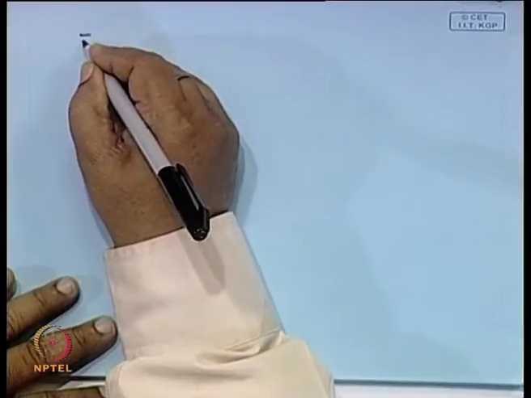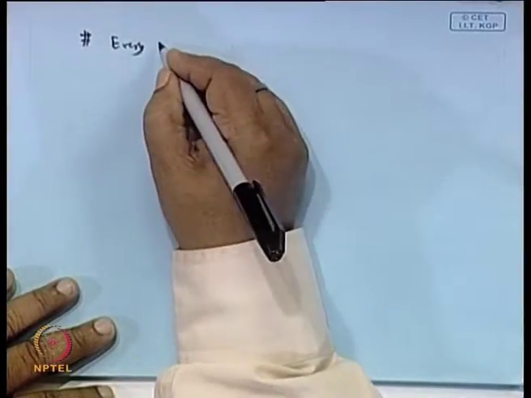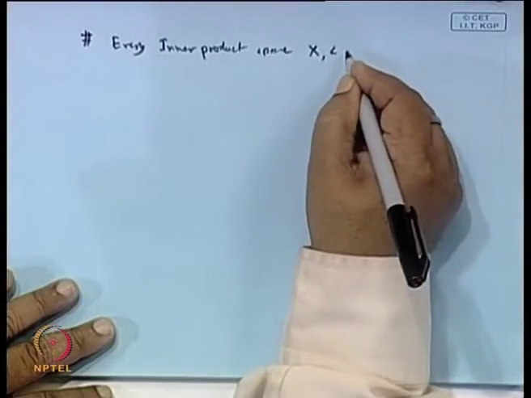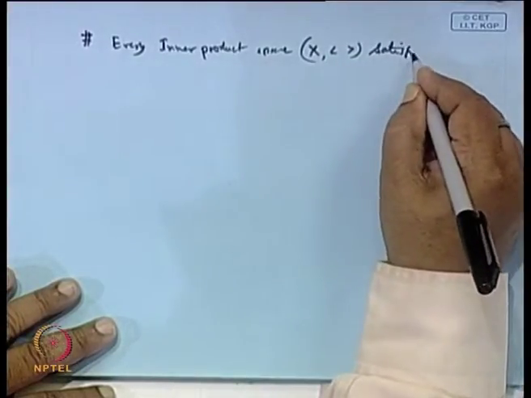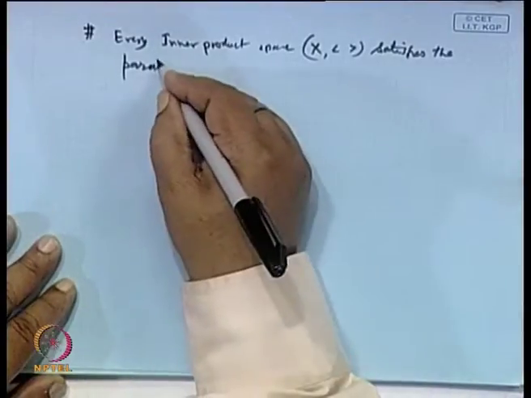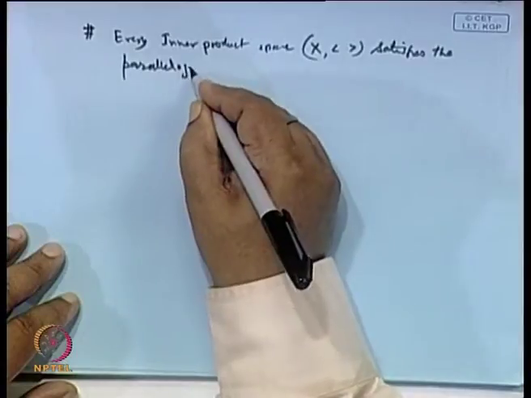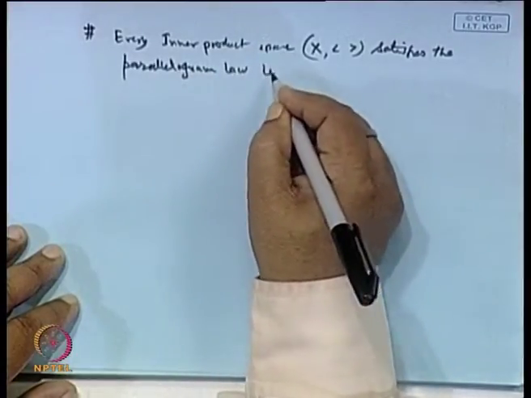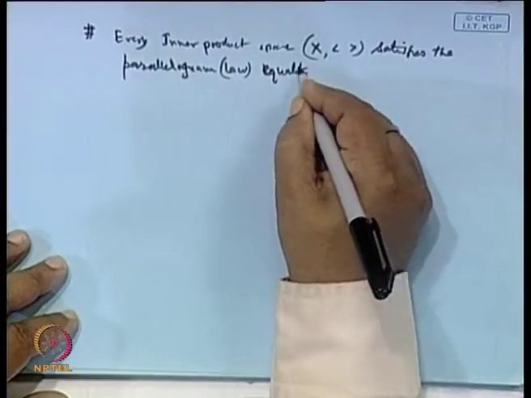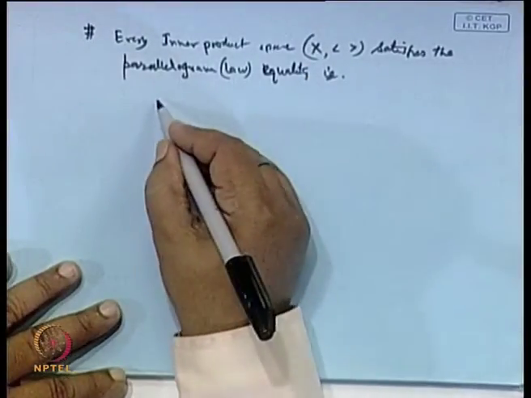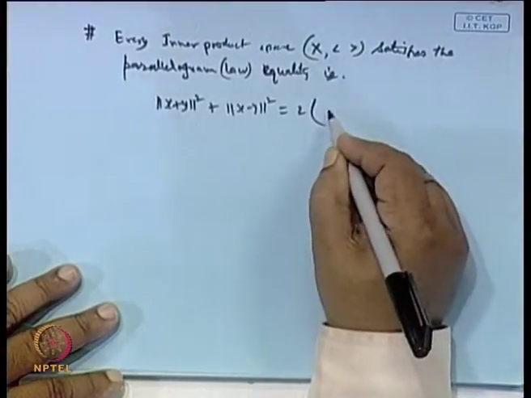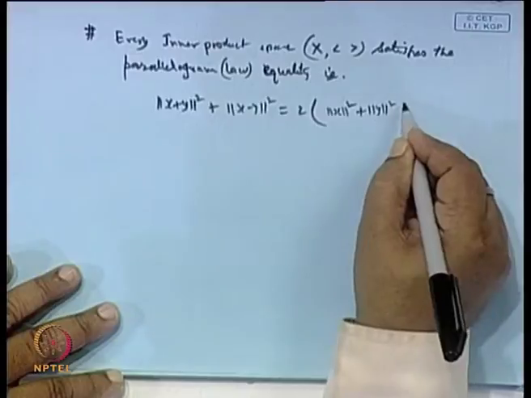The claim is that every inner product space X satisfies the parallelogram law, or parallelogram equality, that is, norm of x plus y whole square plus norm of x minus y whole square is 2 times norm of x square plus norm of y square.